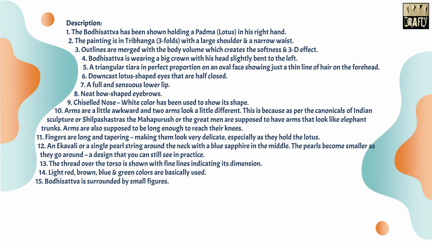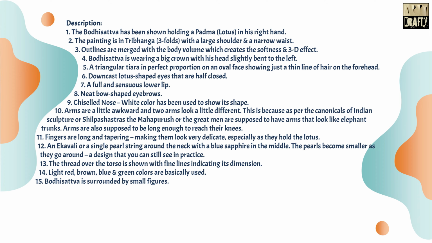Bodhisattva is wearing a big crown with his head slightly bent to the left. A triangular tiara in perfect proportion on an oval face, showing just a thin line of hair on the forehead.